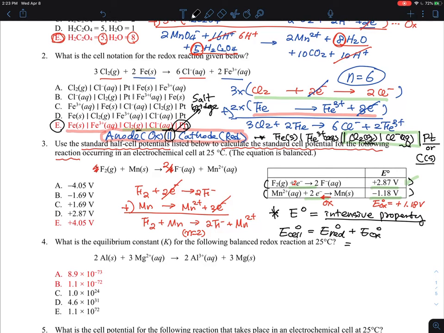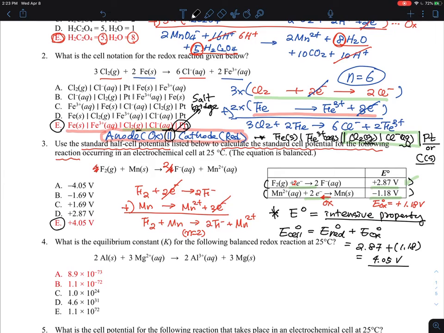So here it is 2.87 plus the oxidation, 1.18 volts. As simple as that. That is going to be the answer.